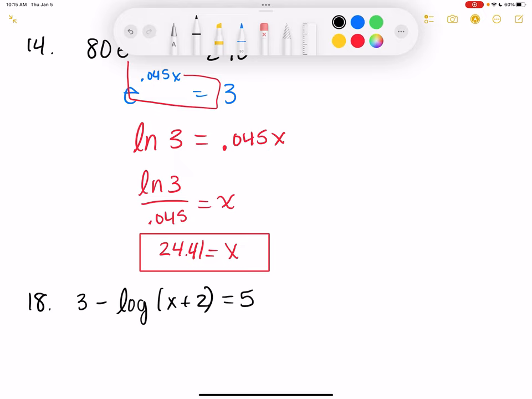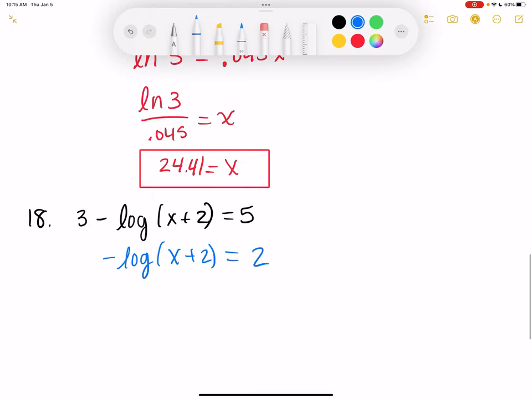Okay. So, should we subtract by 3 first? Yep. So negative log of x plus 2 is equal to 2. Now what? Okay. Divide by -1. So log of x plus 2 equals negative 2.